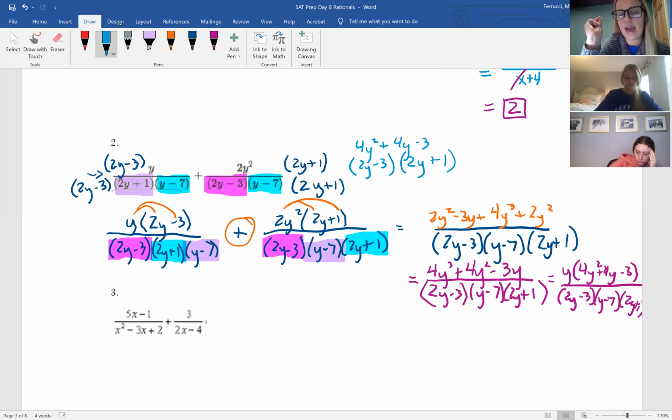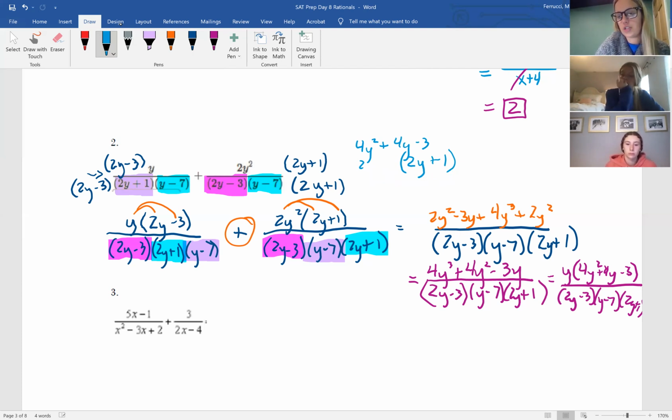But does it add to give you a positive 4y? If we were to FOIL this, this is 2y, negative 6y. So that would actually give you a negative 4y. So this is not the factored form of it.